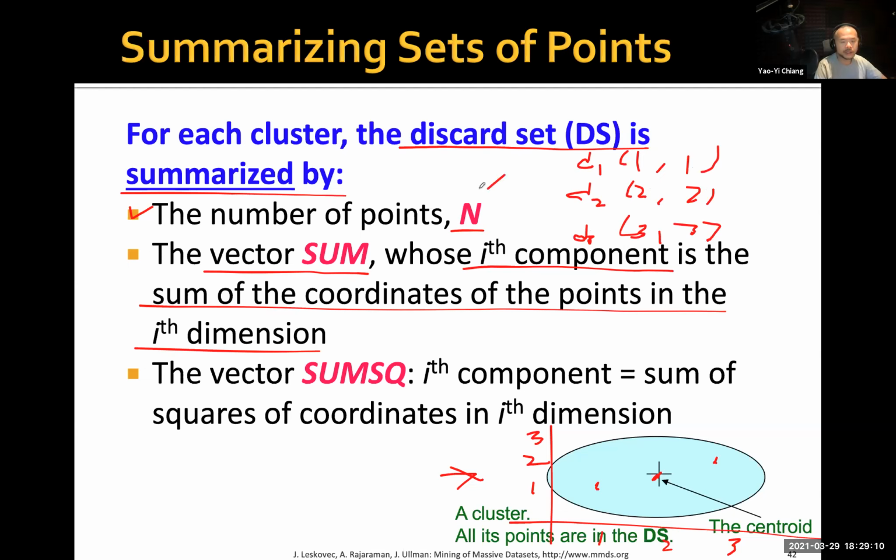Your n is what? Anyone would be able to answer this? What's your n? 3. Great. What would be your sum? Your sum is a vector. So your sum is a vector for how long? The ith component is the sum of the coordinates of the points in the ith dimension.